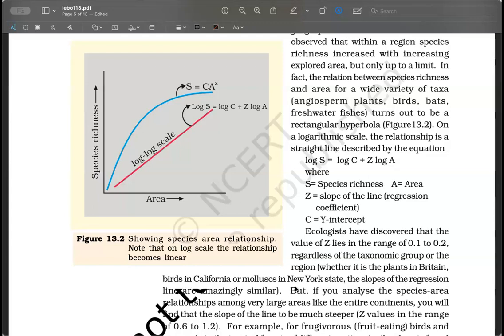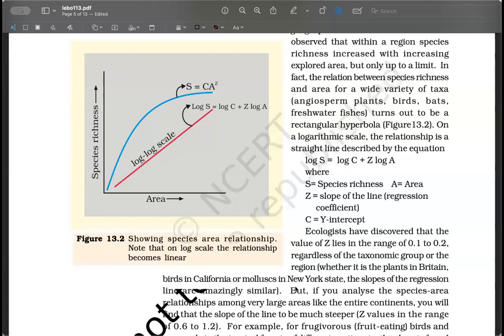But if I ask you where the richness was more, you will say in the second case, where I found 10 different species in 1 kilometer square of area. In that area, the species richness was more, whereas the other area that I sampled, where in 10 kilometer square, I found 10 species. Do you understand?